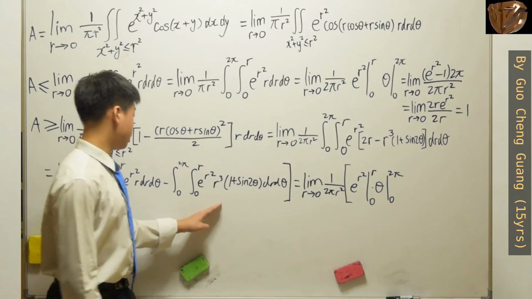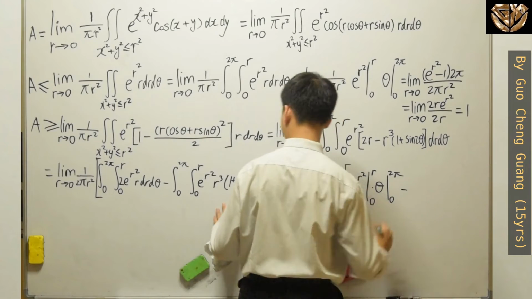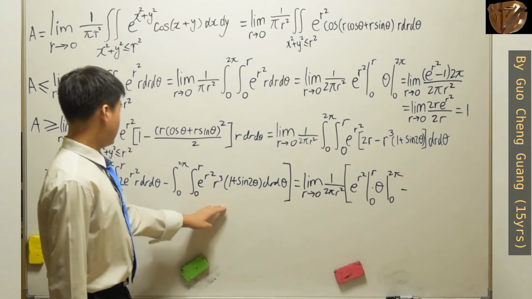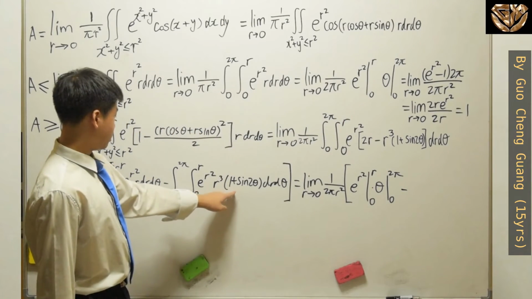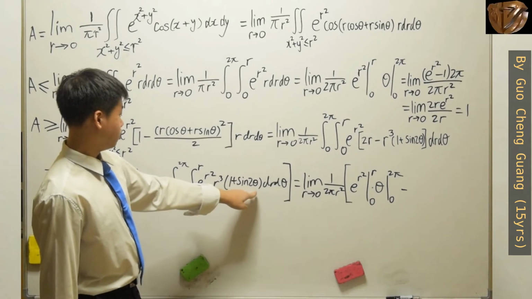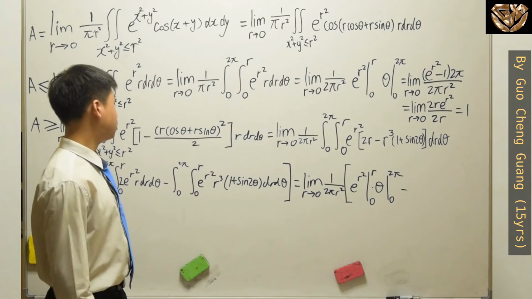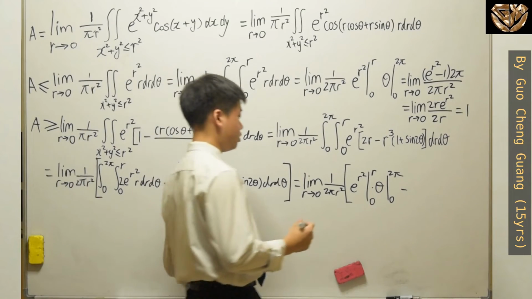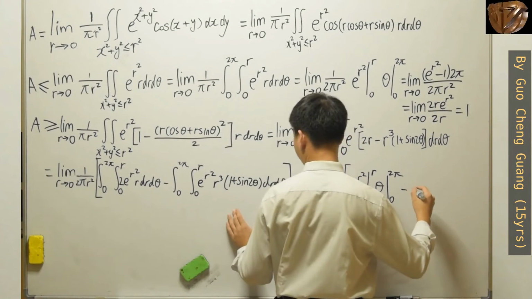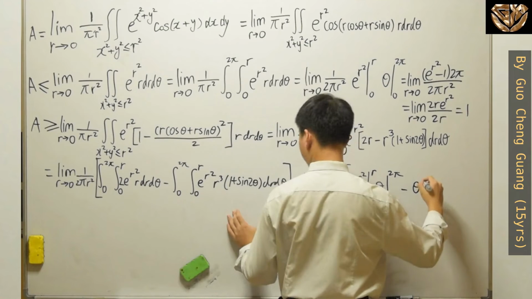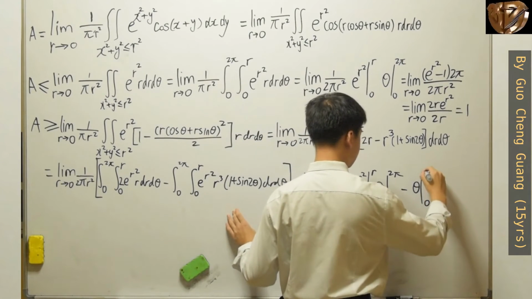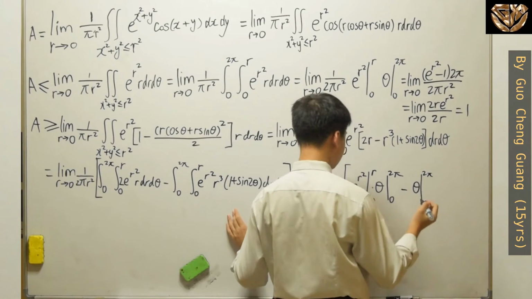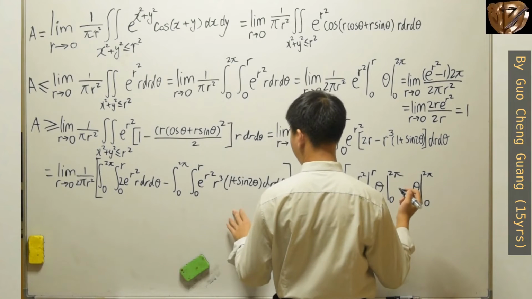Well, for the second term that you have, we are going to integrate 1 plus sine 2 theta first. So 1 plus sine 2 theta. 1, of course, you can already have the theta from it. So theta integrate from 0, substitute in the values from 0 to 2 pi.